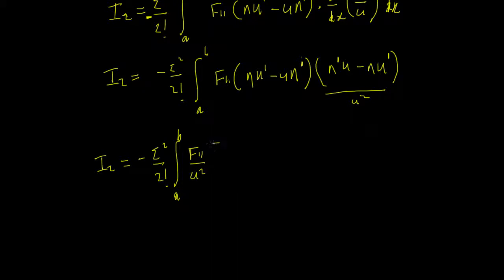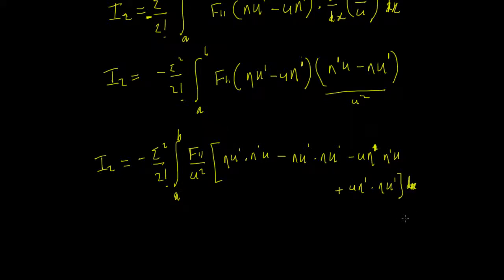Now I multiply these out longhand, so it will be eta u derivative times eta derivative u, minus eta u derivative times eta u derivative, minus u eta derivative times eta derivative u, and the final term would be the plus term, u eta derivative times eta u derivative all by dx. Okay, so multiply the whole lot out.